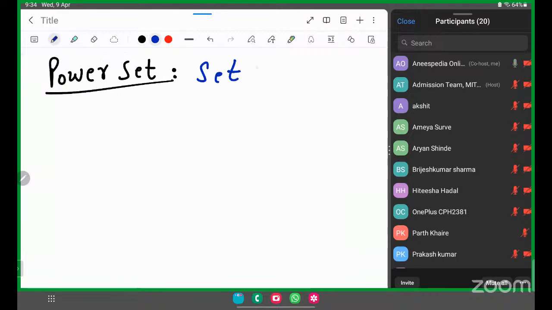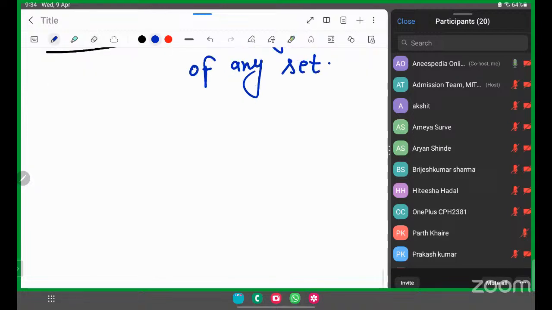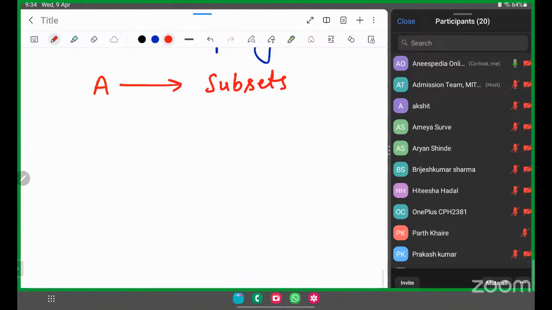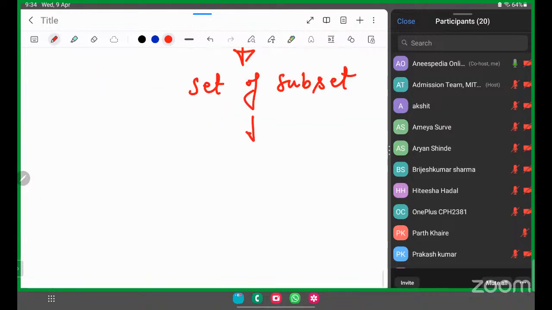Power set is the set of subsets of any set. So if we have a set A, first of all, we will write subsets of set A, and then we will make a new set of subsets. Then this new set of subsets is known as power set.